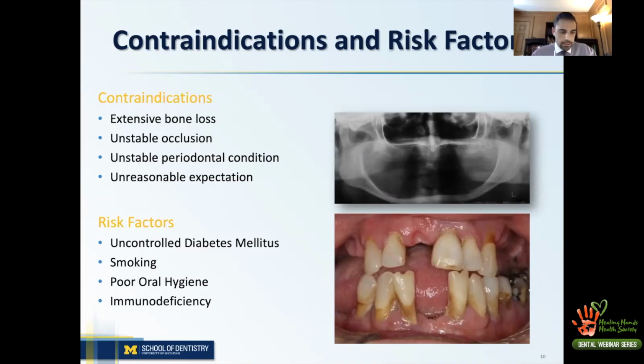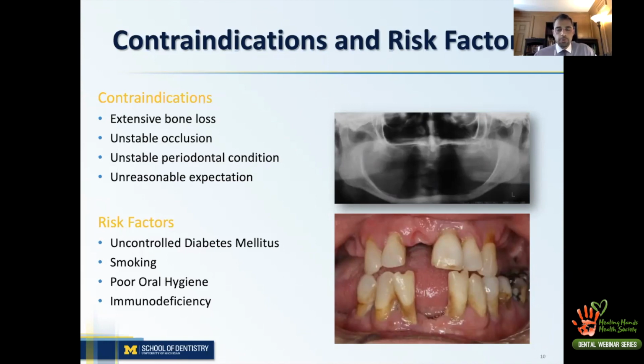And again, Dr. Casabra mentioned a lot of these things. But in terms of contraindications and risk factors, some of the things might apply to dental students more than anybody else in practice, because a dental student is someone who is not experienced in doing a lot of dentistry. So we don't want to give them something that's advanced, something that has higher risks, or something that will be difficult for them to manage.